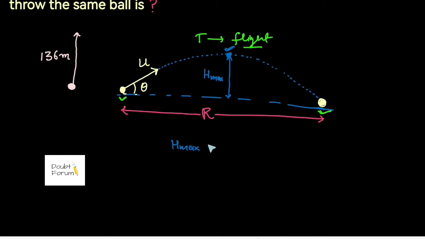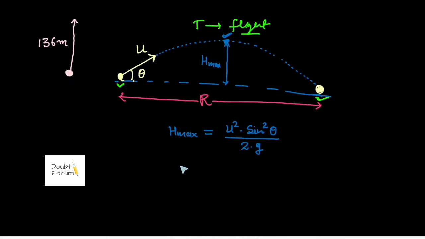H max is u square sine square theta upon 2g. So this is the formula for maximum height of projectile. Second is range.